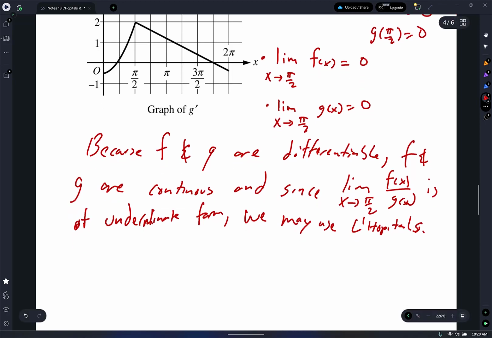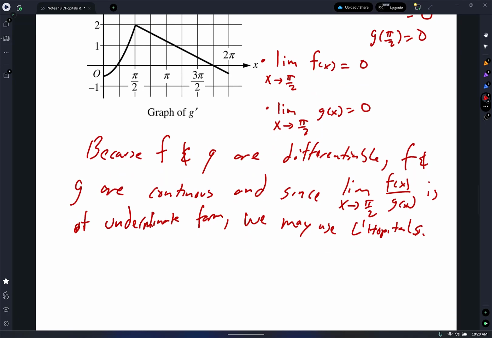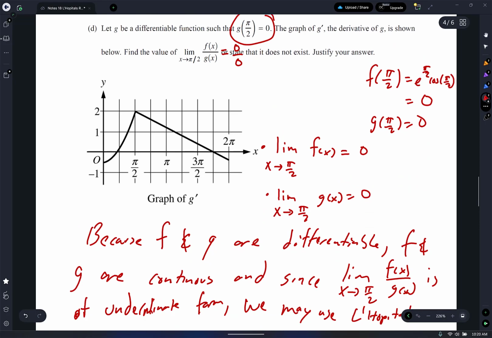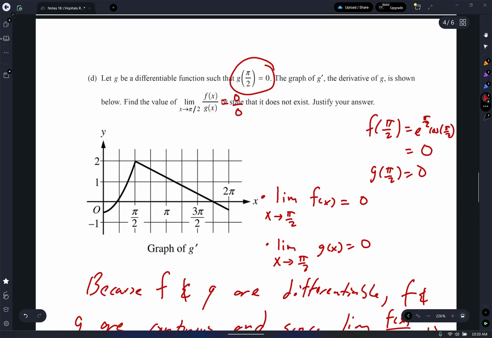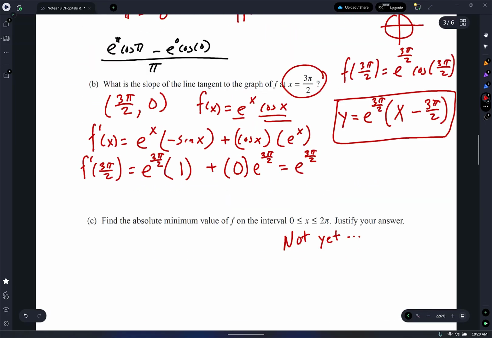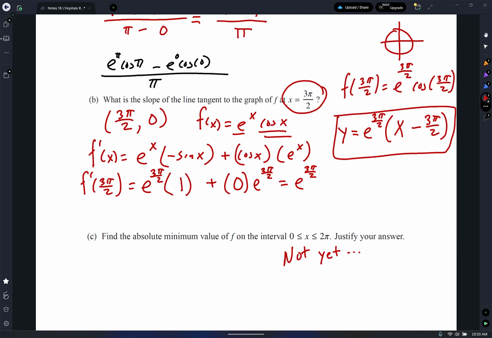All right. You guys ready? Here we go. Limit, oh, now I'm answering the question. Limit as x approaches pi over 2 of f prime of x over g prime of x. I'm doing L'Hopital's, equals, well, I already have the derivative for f prime. So it is right here.